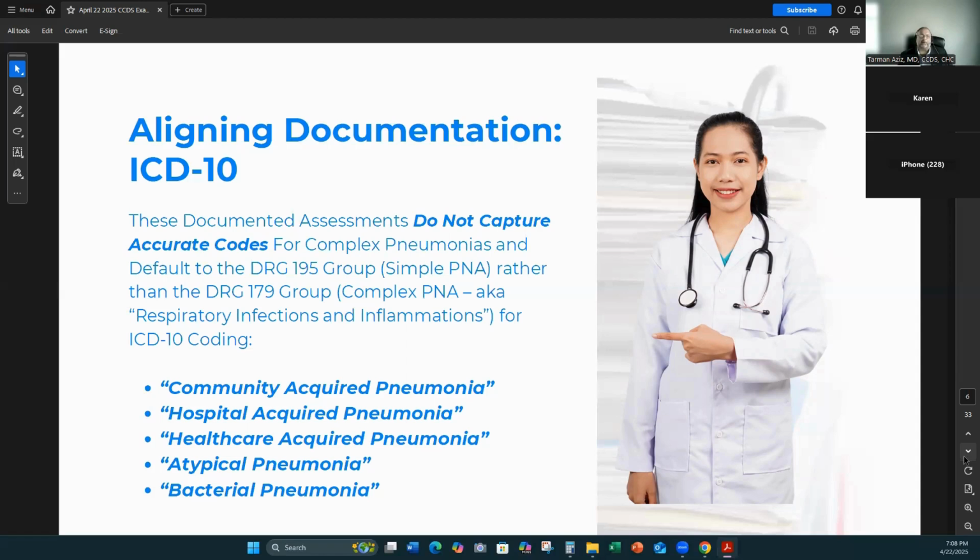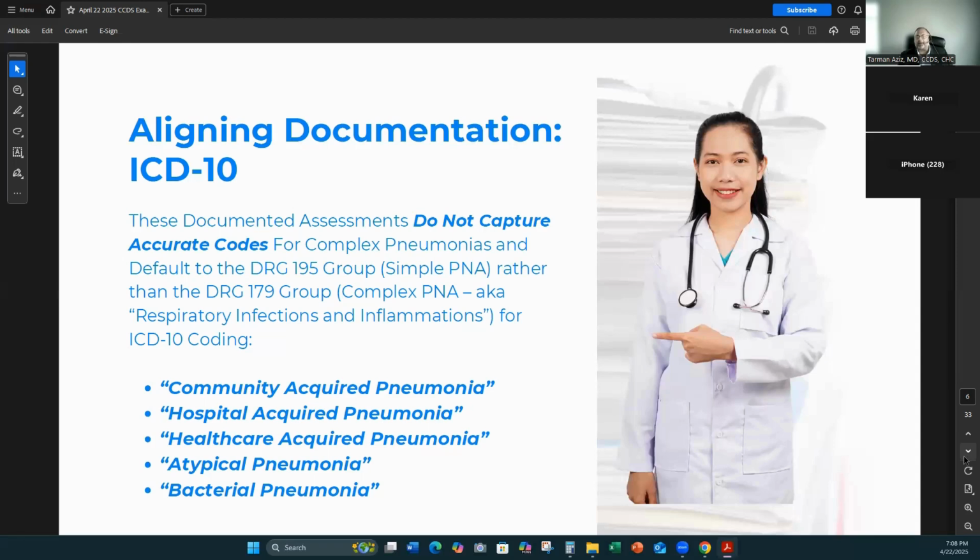And one of the things to focus on right away on the CCDS is remembering that certain documented assessments don't capture the right codes for what would end up being in a DRG for complex or complicated pneumonia. And they instead default to the simple pneumonia family of DRG.